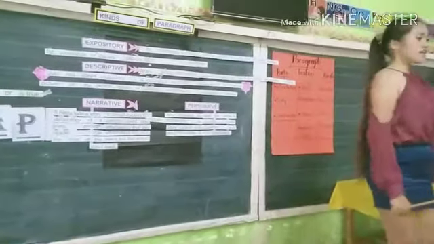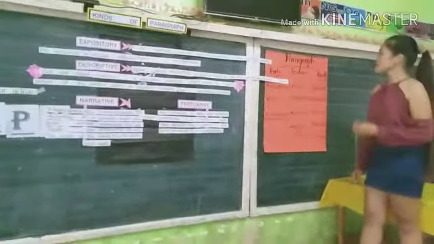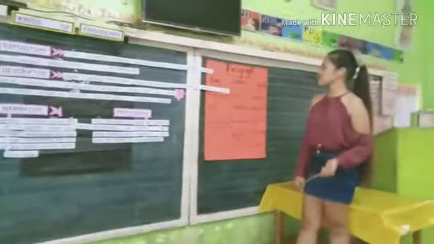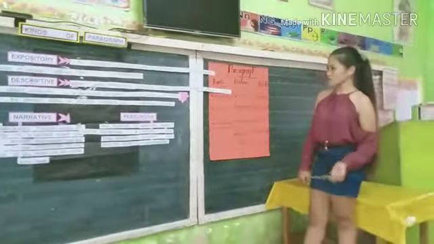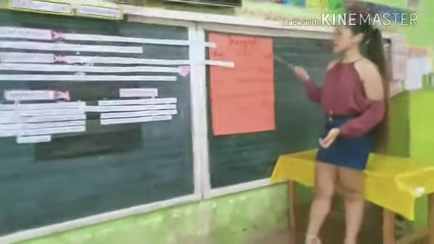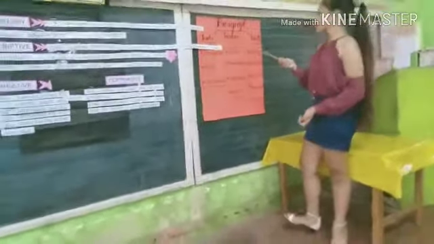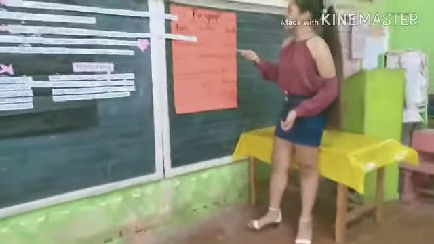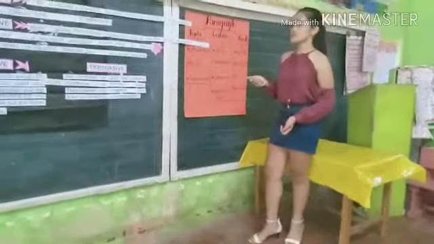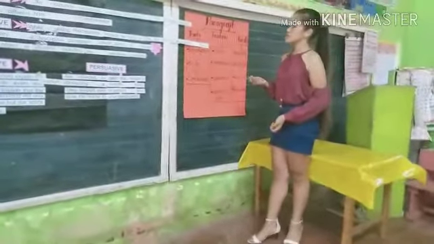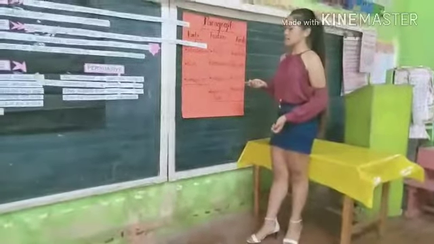Before we end this topic, let us have a recap first. Our topic was all about a paragraph. A paragraph has its parts, features, and kinds. The three parts of a paragraph are first, introduction, second, body, and last, conclusion.